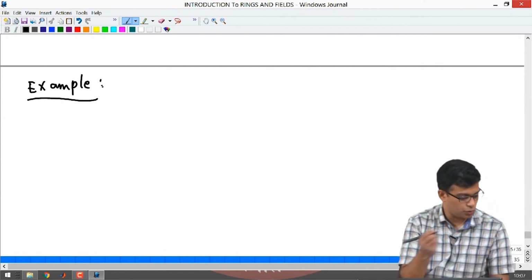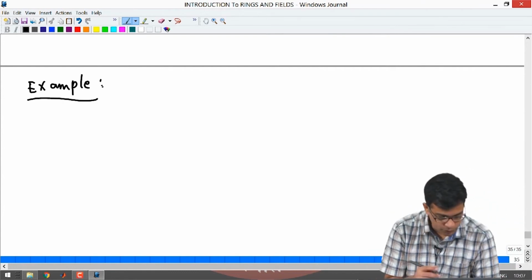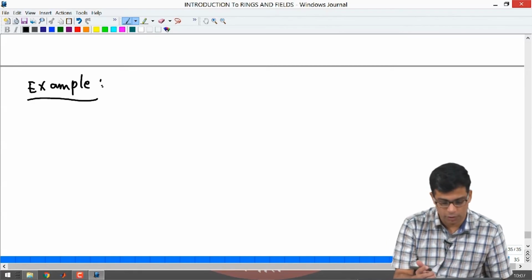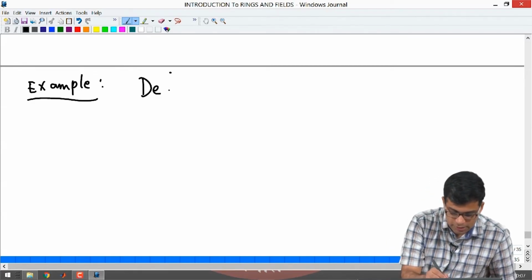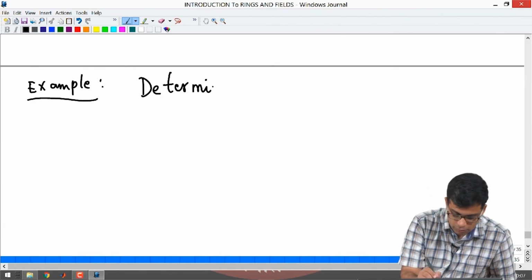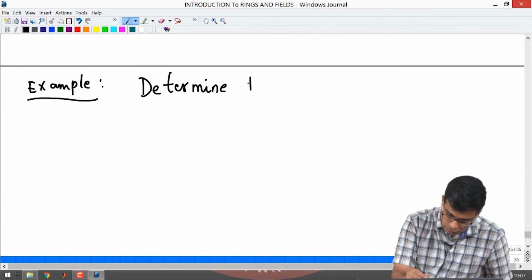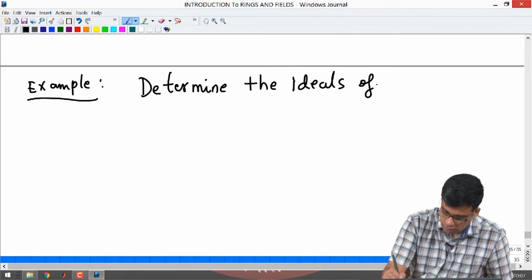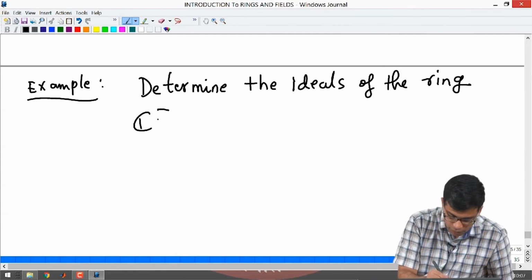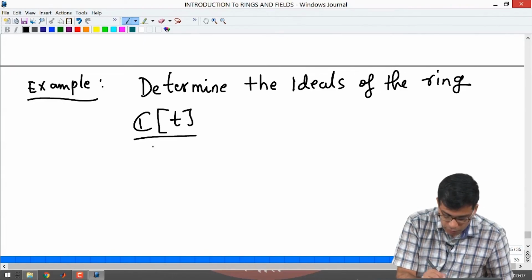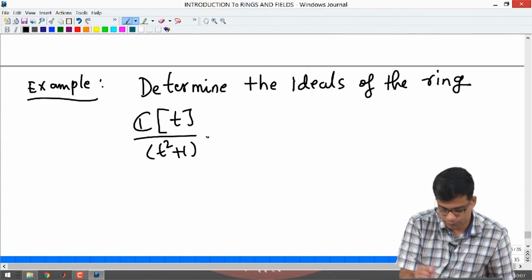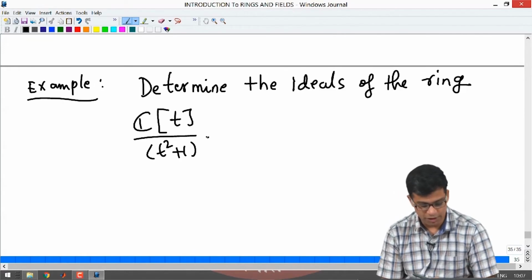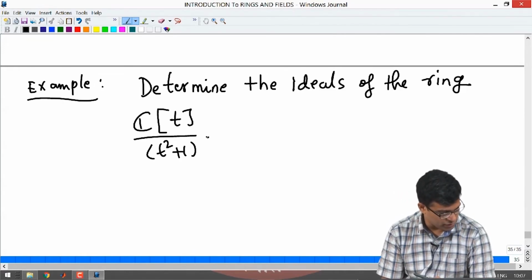Actually, let us just do one example which talks about the correspondence theorem. So, the question is, determine the ideals of the ring C[t] divided by t squared plus 1.